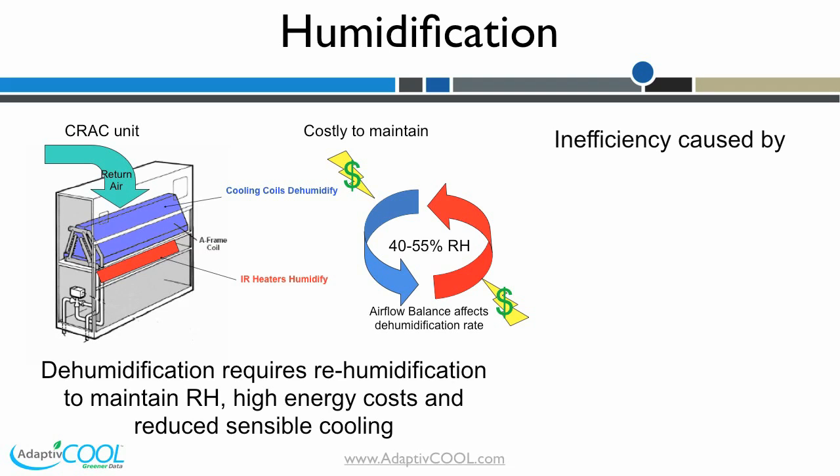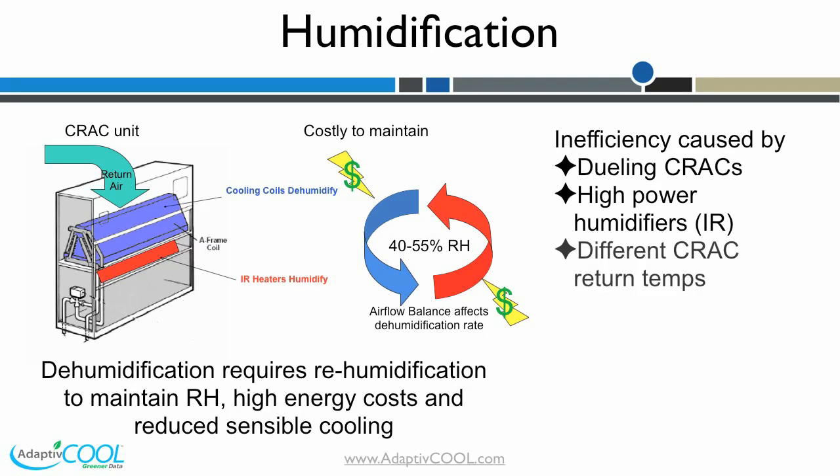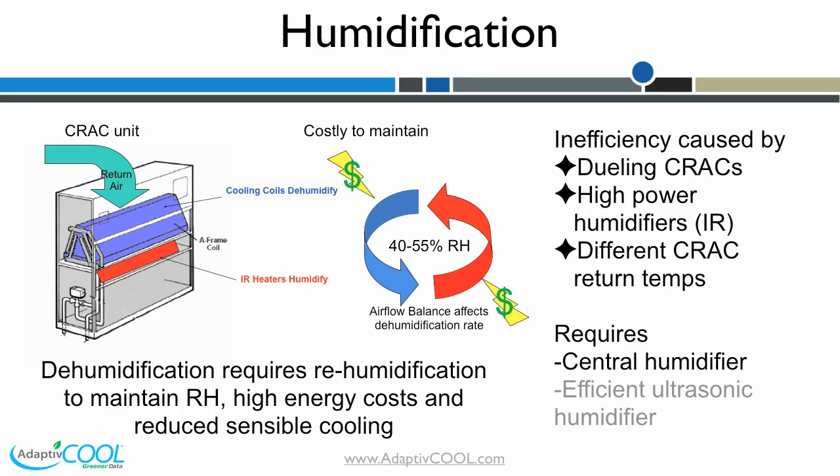Energy Star recommends using a centralized controller for humidification to avoid dueling CRAC units. Using one CRAC as a primary humidifier and others as standby eliminates this issue. Use of centralized, high-efficiency ultrasonic humidifiers can significantly reduce power consumption.